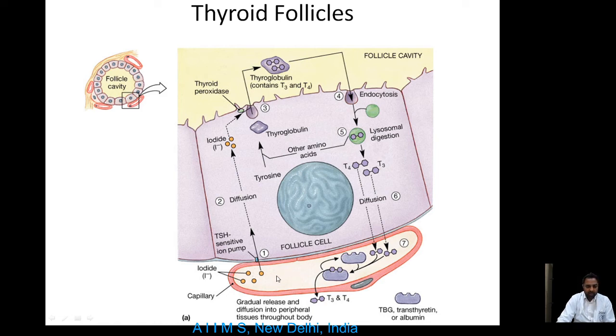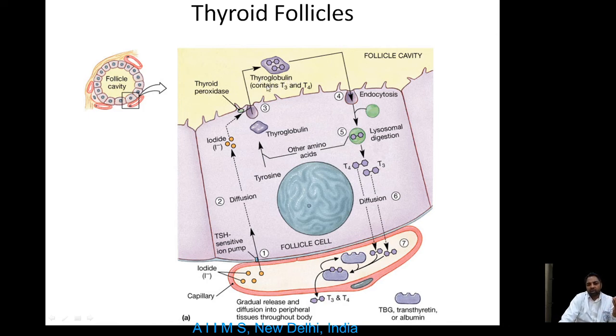So iodine is in the bloodstream. It enters the epithelium, the squamous epithelium, through a TSH sensitive iodine pump, where it is pumped into the cells, and after that it gets diffused, and iodine is taken up into the colloid. In the colloid, there is already thyroglobulin.